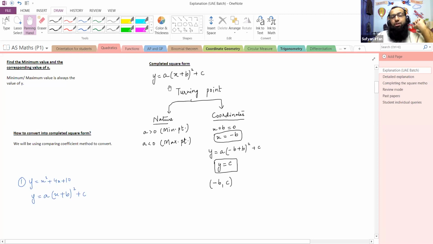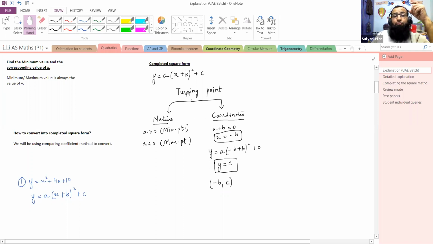This is a linear function. So a bracket open x plus b whole square plus c. So if we are given this form, how can we find the nature? How can we determine the nature of the turning point? Let's understand the nature part first, and then we'll move on to the coordinates part.